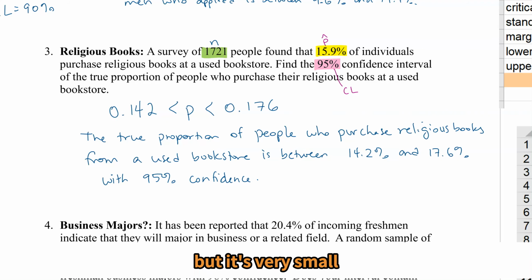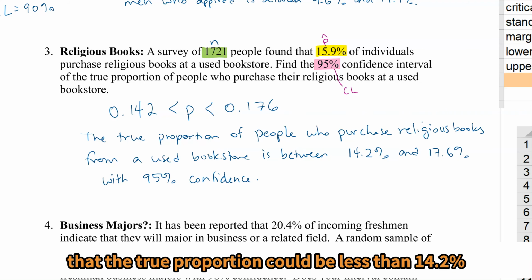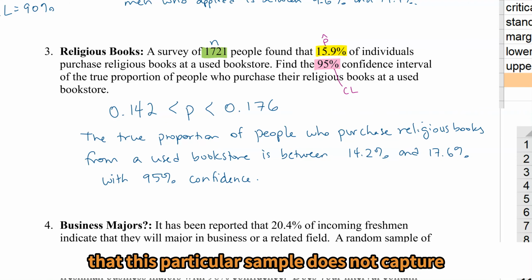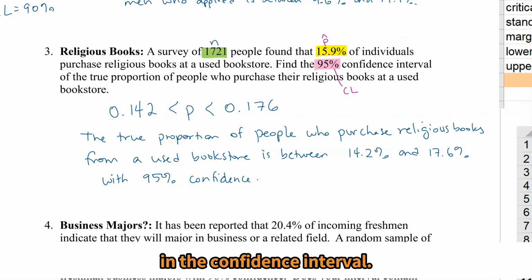There's a possibility, but it's very small, that the true proportion could be less than 14.2% or greater than 17.6%.